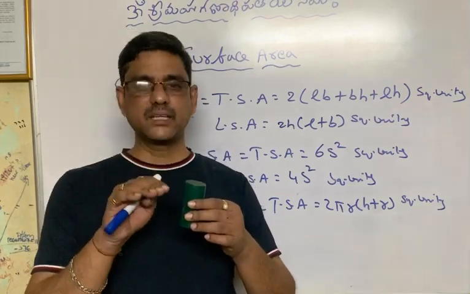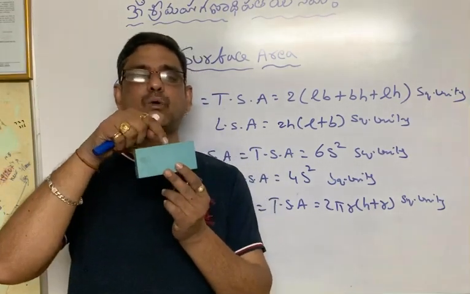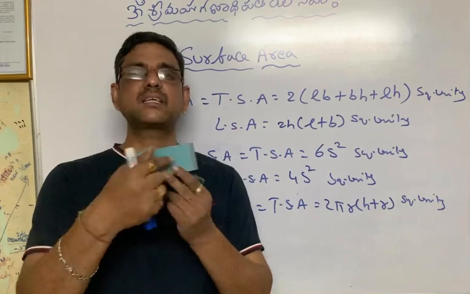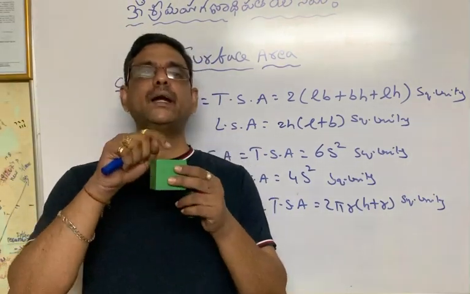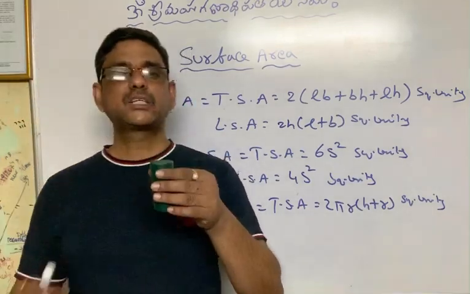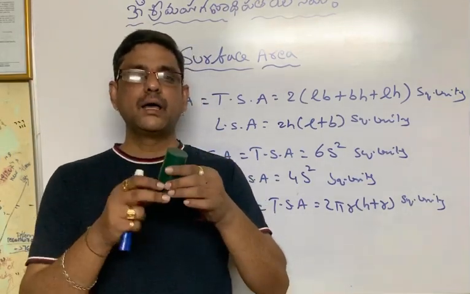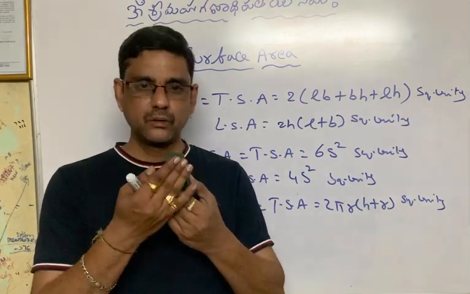In a cuboid, the remaining faces are rectangles; in a cube, they are squares; in the cylinder, the remaining face is only one, in curved shape.